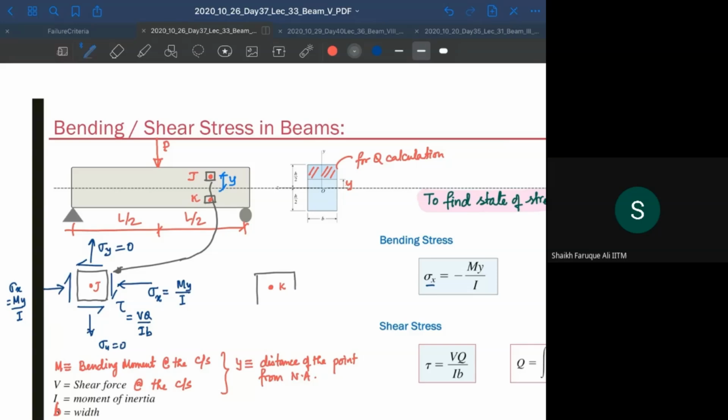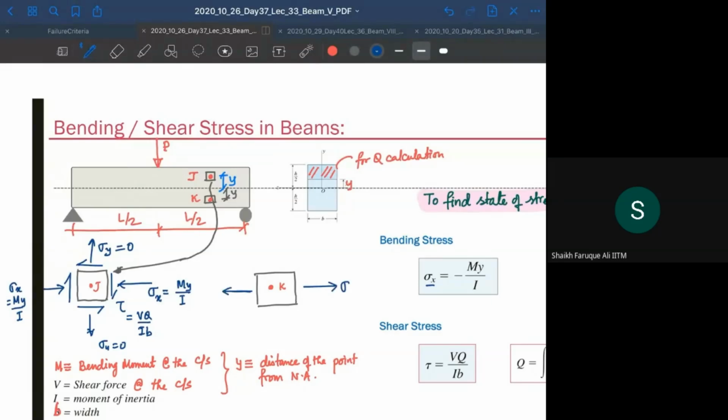So now what? Same element, same distance at the bottom also, and let's say that distance is also y. The diagram is just going to change. So this is going to be now axial tension.